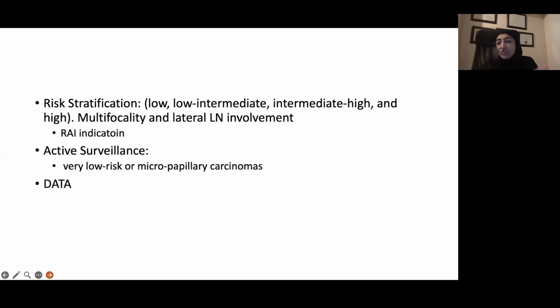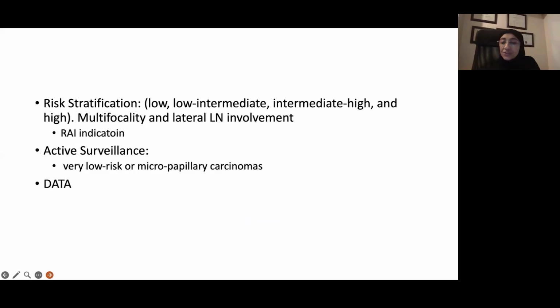That was really a big change in the practice. Maybe some of us are not confident enough to apply such guidelines in our practice based on your patient's demographics, on your patient's adherence to the follow-up. So what do the 2025 thyroid cancer guidelines tell us? How are we going to change our practice?